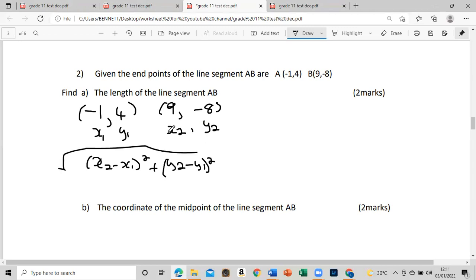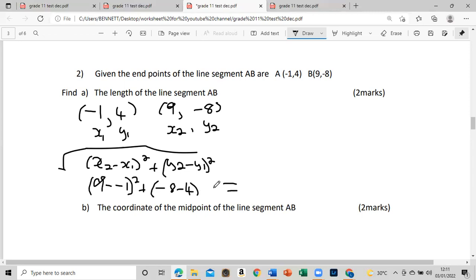Right? So let us put it in perspective. x2 is 9 minus 1, squared. y2 now would be -8 minus 4, squared.